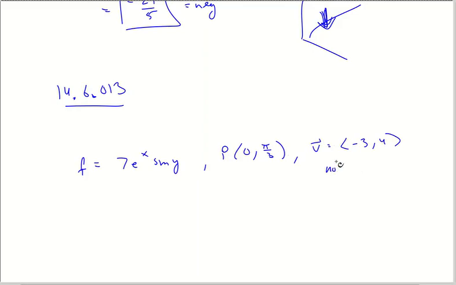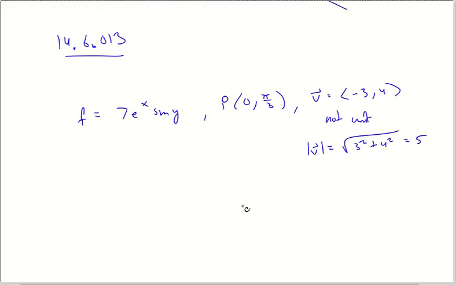Notice this is not unit, so I need to find its magnitude real fast. Square root of 3 squared plus 4 squared. I'm pretty sure it's a 5, a 3, 4, 5 triangle. All right, so grad f at p dot u, or I guess we can use the v technically here over magnitude of v.